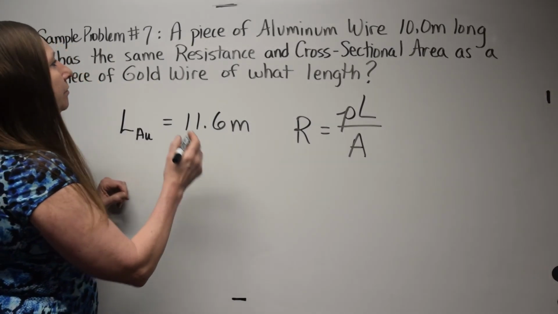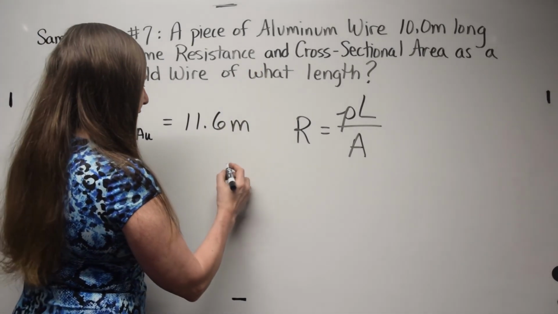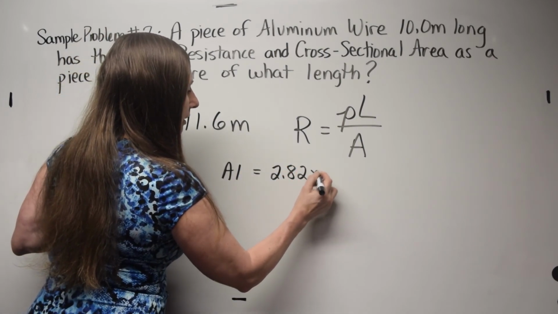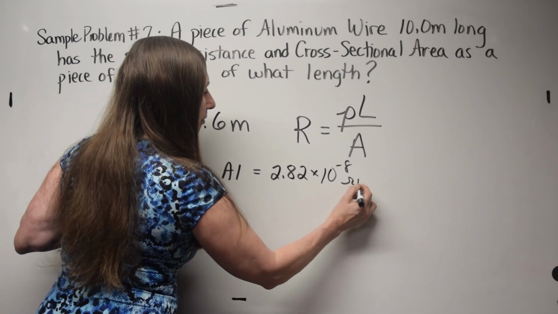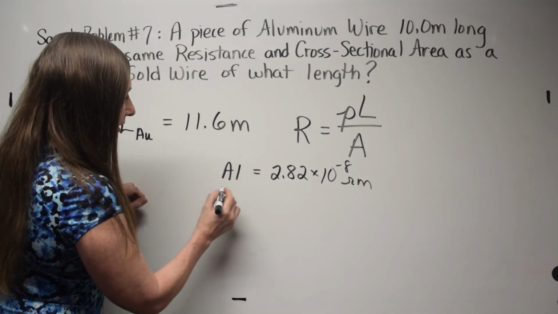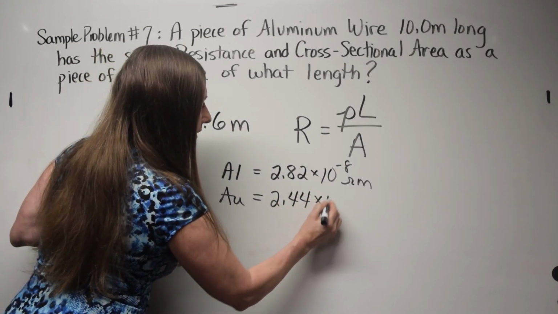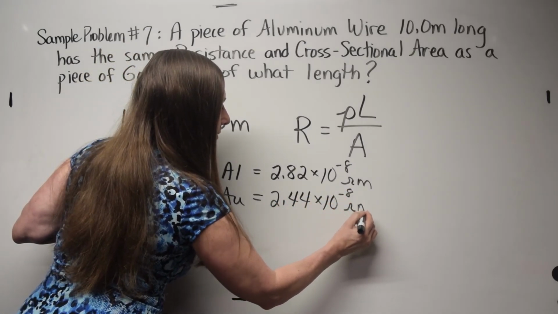We know that the resistivity for aluminum is 2.82 times 10 to the negative 8 ohm meters. We know that the resistivity for gold is 2.44 times 10 to the negative 8 ohm meters.